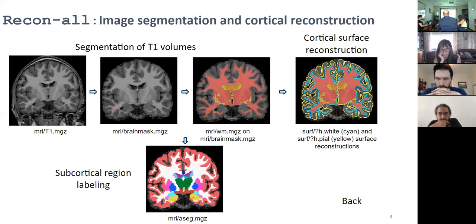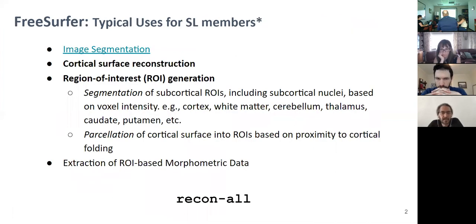That is opposed to parcellation, where you are divvying up some tissue that's of a roughly uniform intensity. So we segment subcortical ROIs, or we segment the cortex from the white matter, but we parcellate the different areas of the cortex.